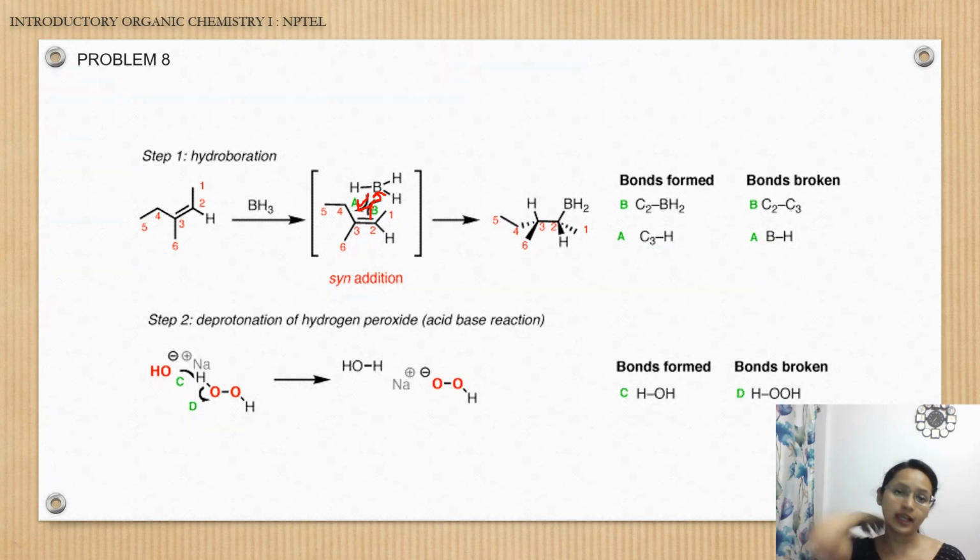But there is a catch. Here, the addition of BH2 and the hydride will be from the same side, because BH3 is a planar molecule and the alkene is facing BH3 from one face. If it attacks the boron from one side, then the hydride will also attack the alkene from the same side.